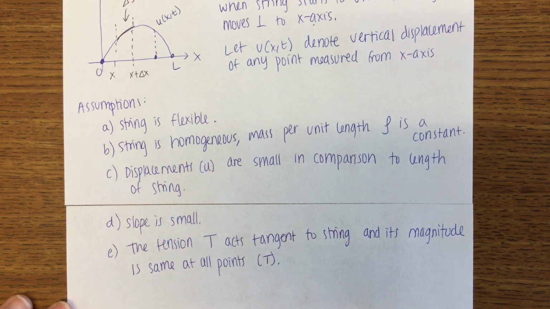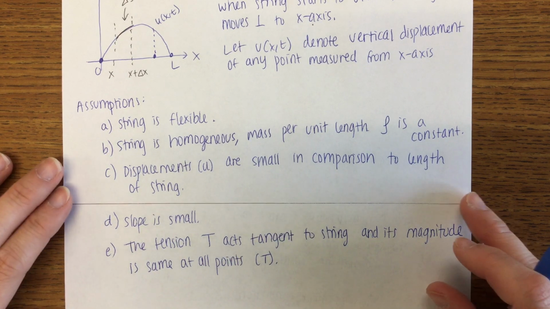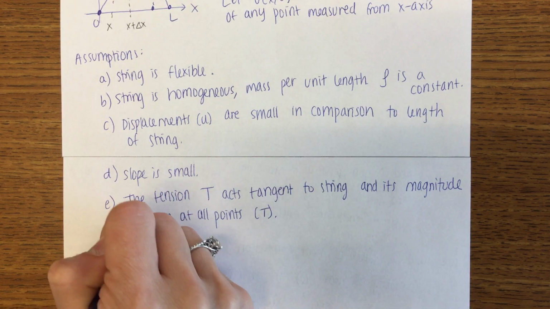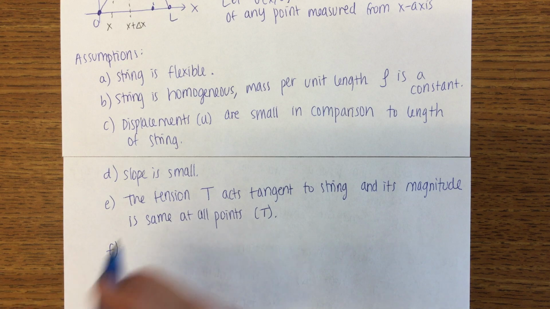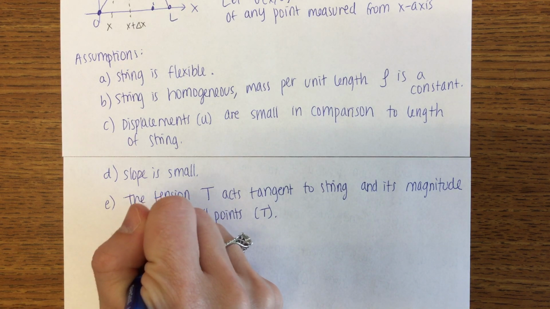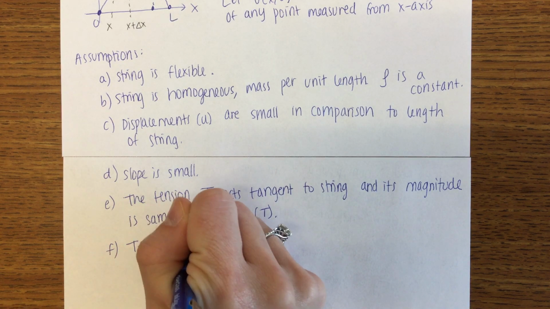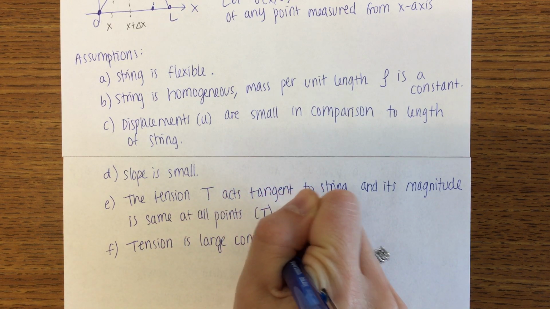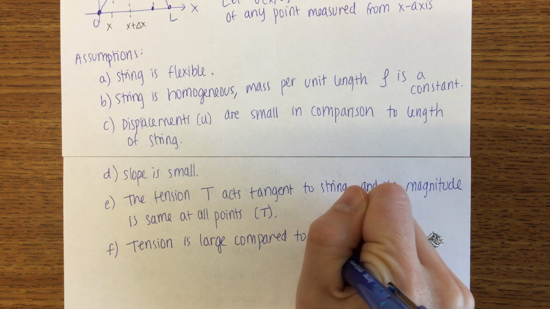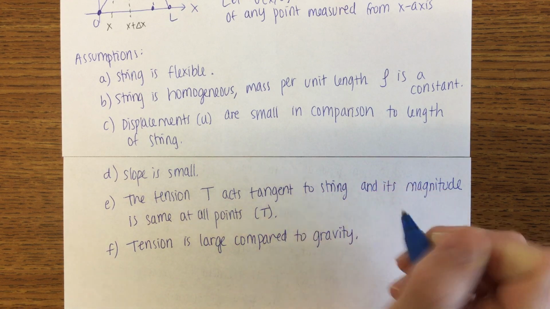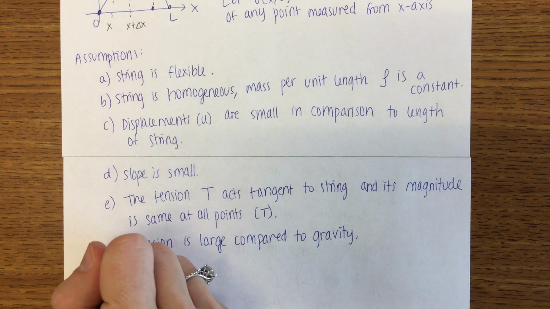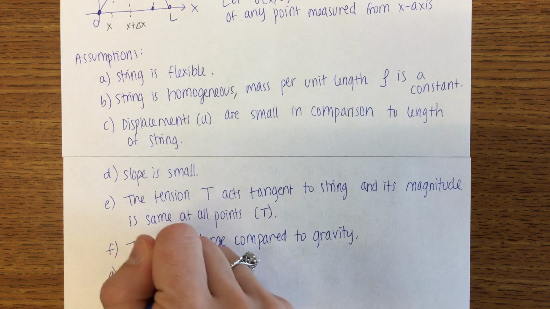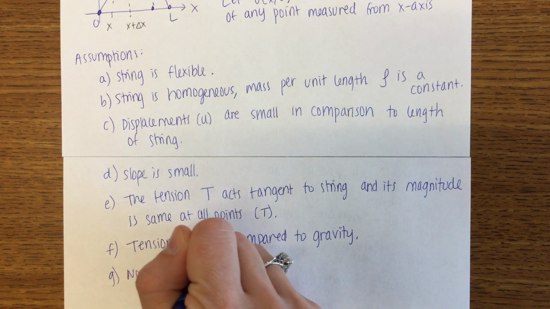We're going to use big T to represent that magnitude. We got two more. Second to last assumption is that the tension is large compared to gravity. And lastly, there are no other external forces acting on the string.